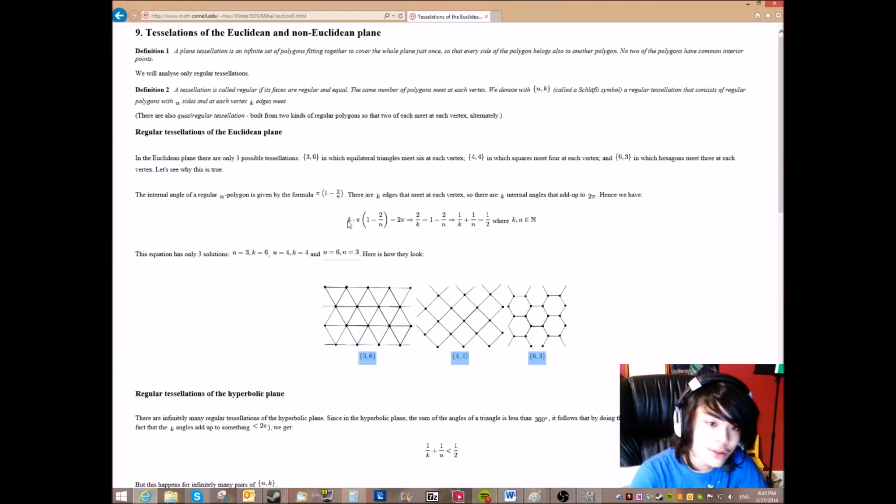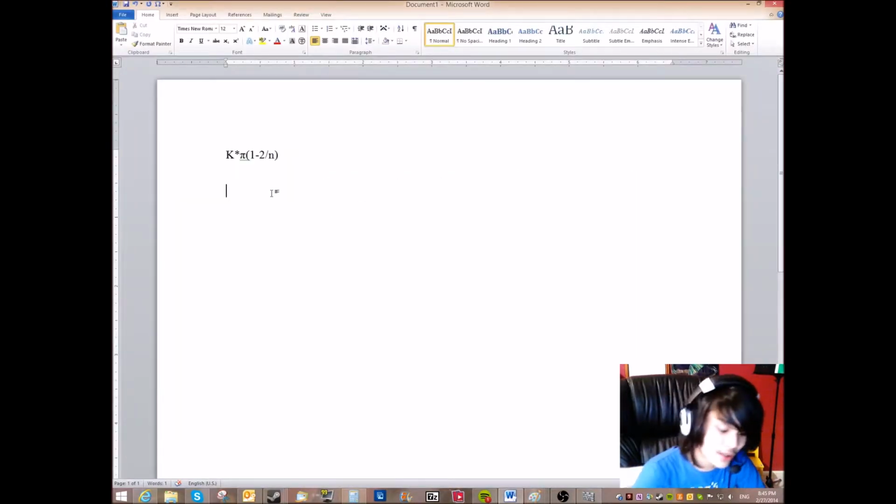All we need to do is input k and n, just as Noah said. So as n and k, as already listed off for us down here, 3 and 6. So 3 is n, and 6 is k. So what we have here is 6 times pi, times 1 minus 2 divided by 3.